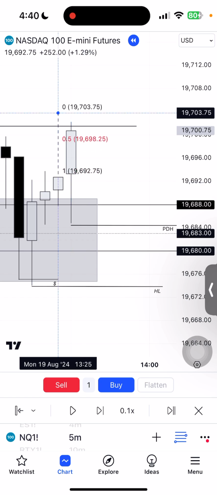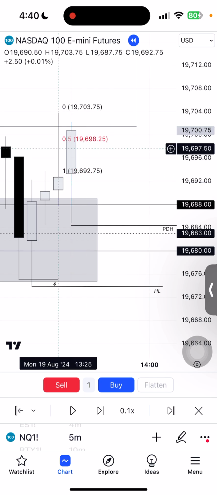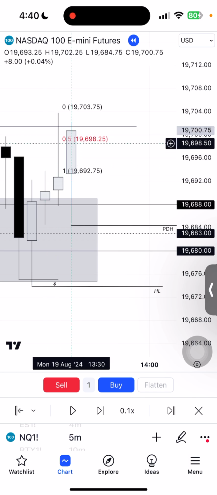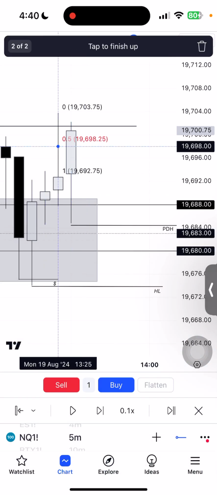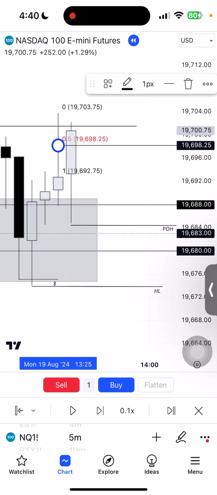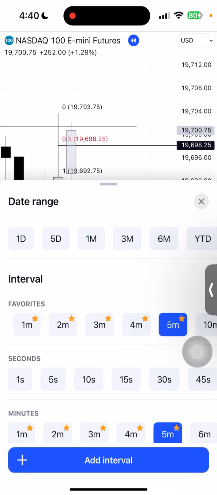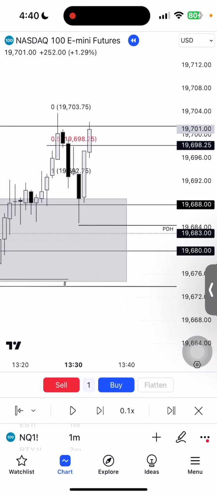I see this has been a seller, and on the tape or the DOM or whatever, maybe those traders see sellers stepping in there. If at the midpoint of what I would consider a seller candle like this, price can displace above what would be the midpoint at 698.25, if we can displace above that, then bears are very, very weak.